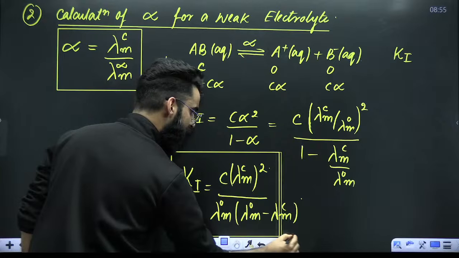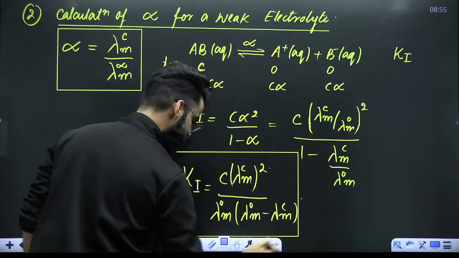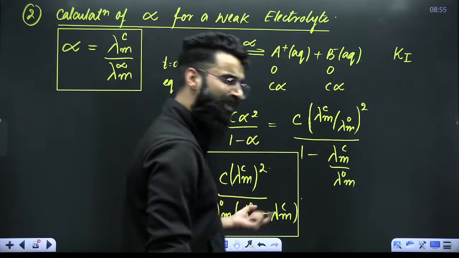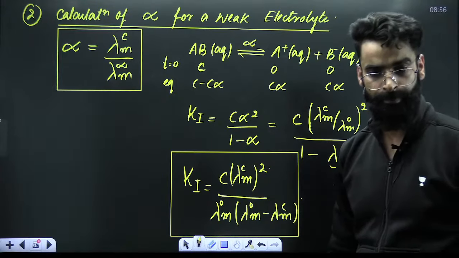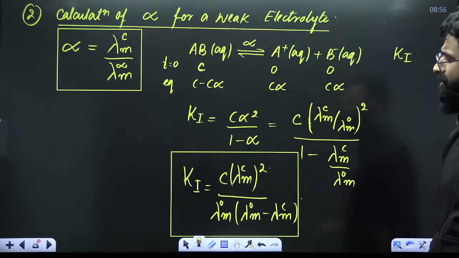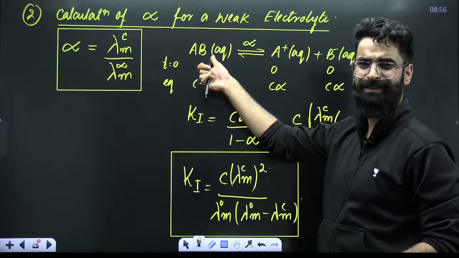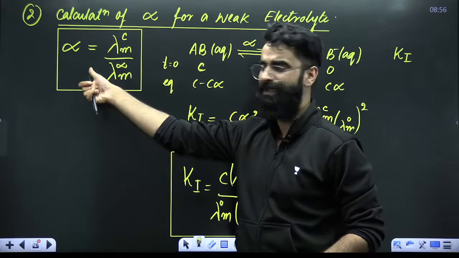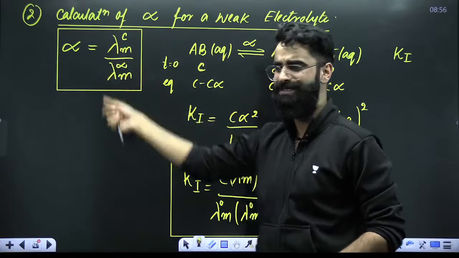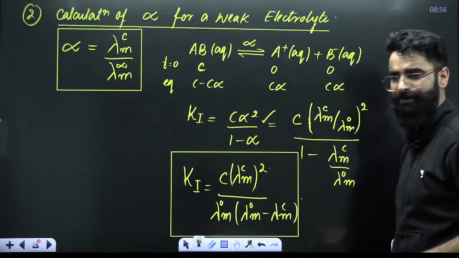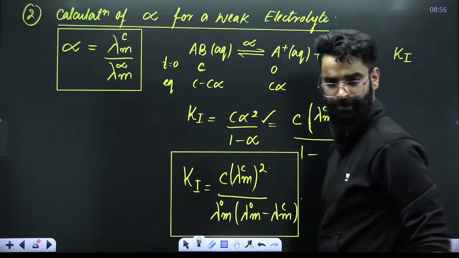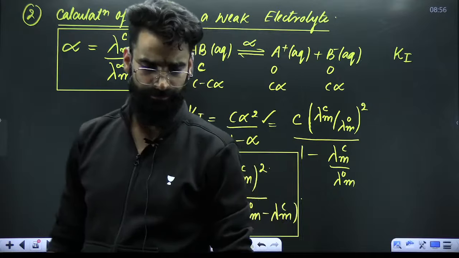This is how you get the ionization constant of the weak electrolyte in terms of lambda m naught and lambda mc. Or in short, if you are given a weak electrolyte, just calculate its alpha first in terms of these two values. If you got alpha, put it in this expression and get the Ki value. No need to remember this one as well.